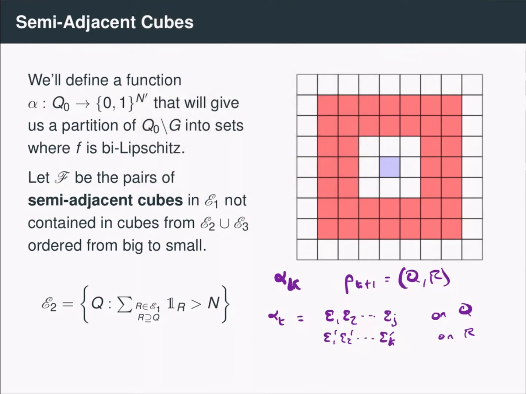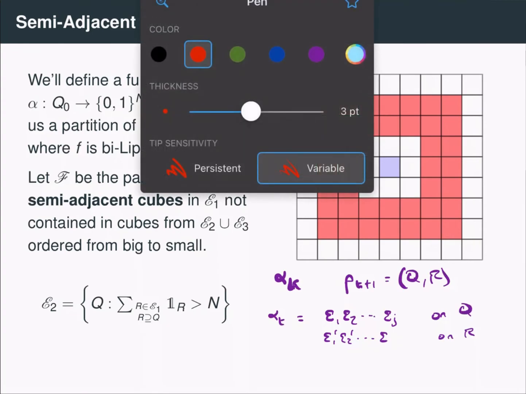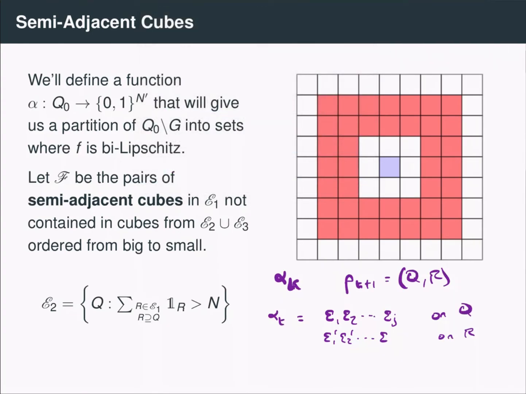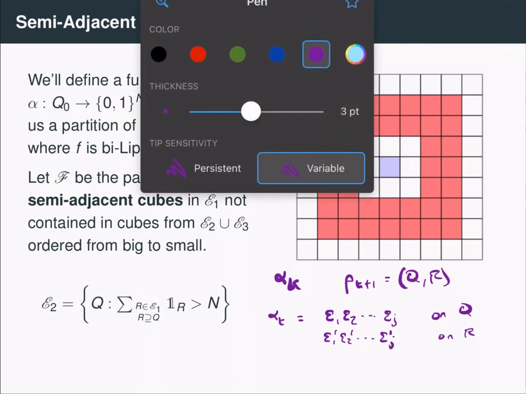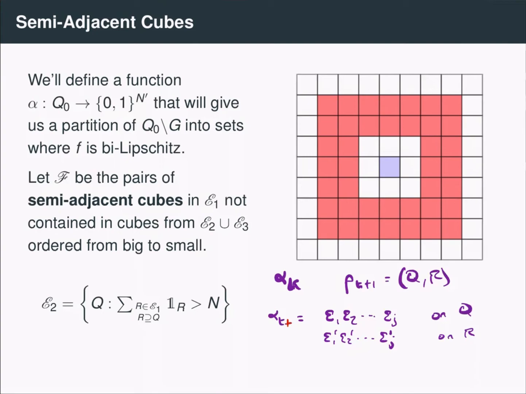So first of all, if it happens that the lengths of these strings are equal to each other, so let's say they both have length j, then what we do is we define alpha k plus 1 to be equal to epsilon 1, epsilon 2, dot dot dot, epsilon j, 0 on Q, and then epsilon 1 prime, epsilon 2 prime, etc., epsilon j prime, 1 on R, and then we let alpha k plus 1 equal alpha k everywhere else.